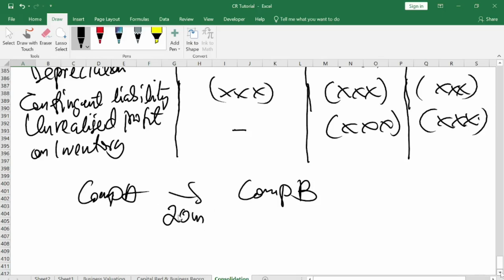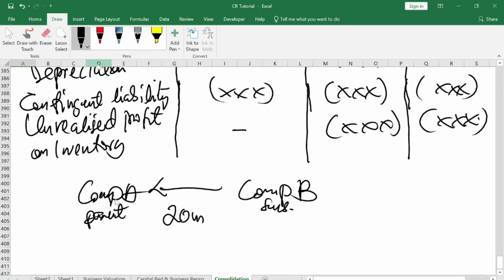So this one, company A. Before it comes here, you ask yourself, between these two companies, who is making the profit of the sales? If the subsidiary sold, let me turn it here. This is the subsidiary, and this is the parent, right?